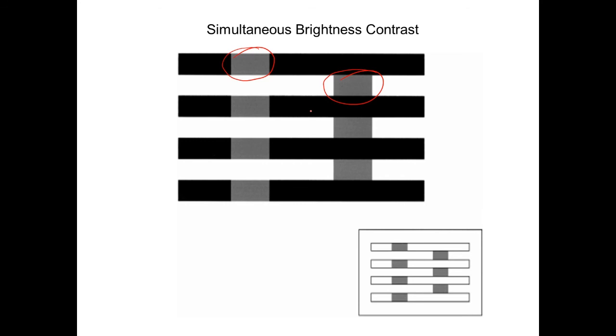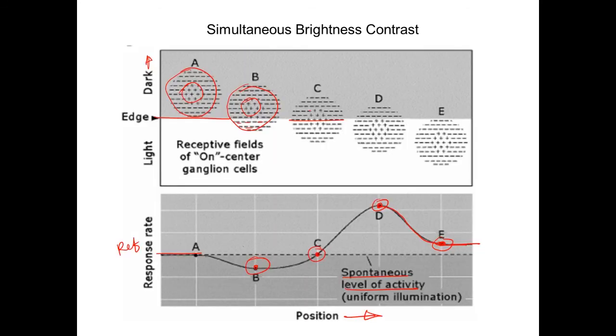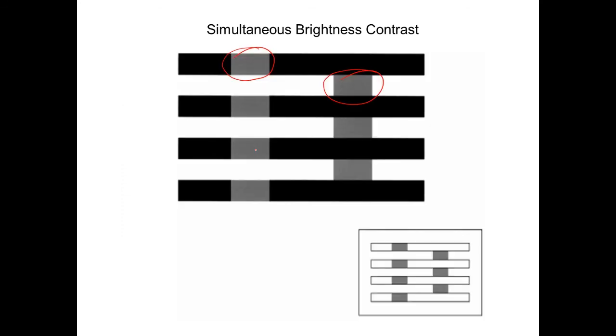According to the on and off receptive field theory of the ganglion cells, both should be the same, but it is not the same.